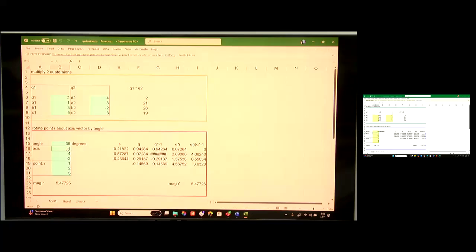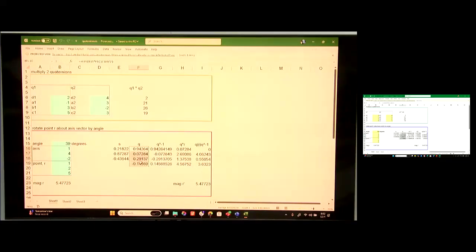This is the axis, and this is some point R, and I've got some intermediate calculations here. This is what I got for Q: the cosine of theta over 2 plus sine theta over 2 times the unit vector axis.